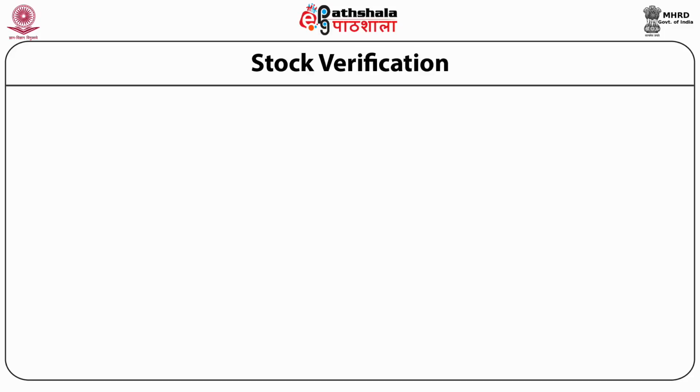checkup of library materials. Libraries perform periodic stock verification in order to identify the missing, lost, and misplaced books. Stock verification helps to replace those missing documents and take appropriate precautionary measures to minimize the theft which might be happening.